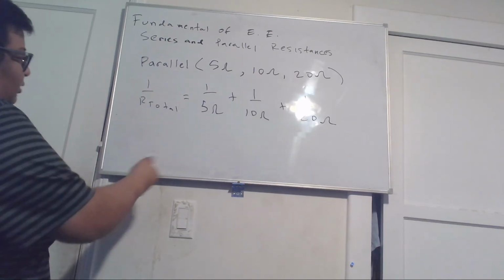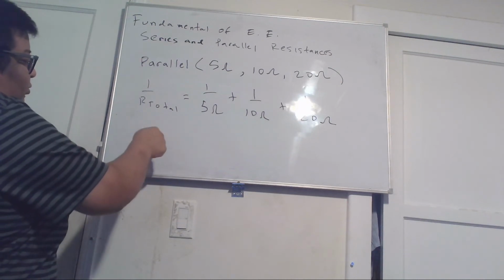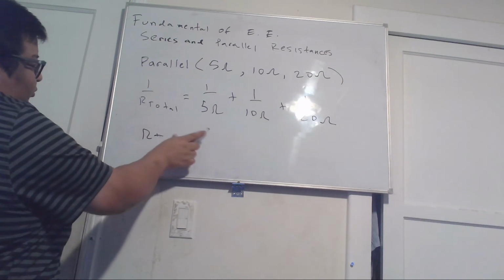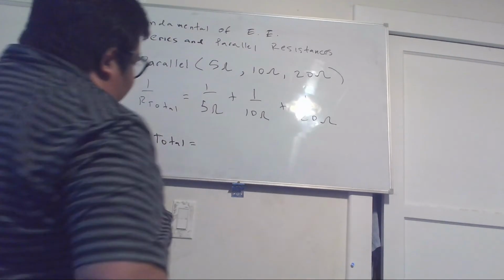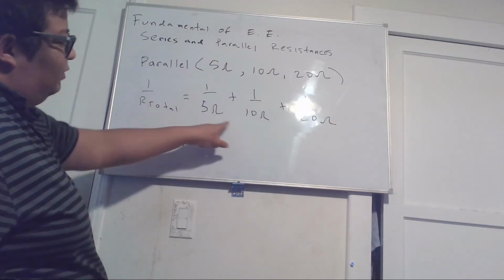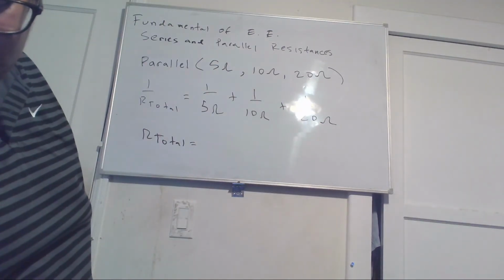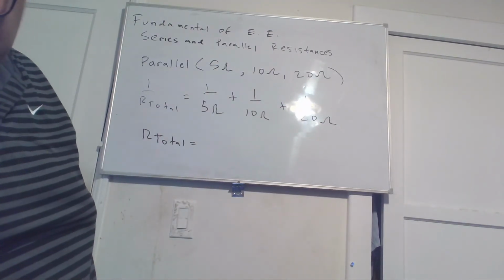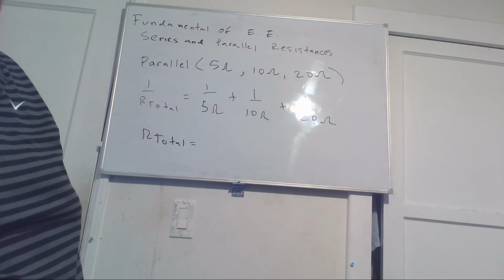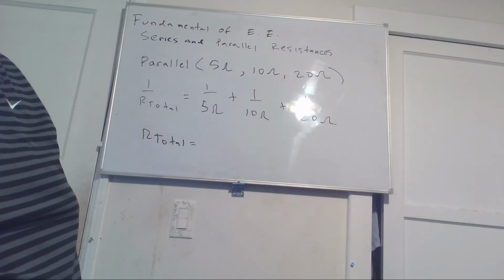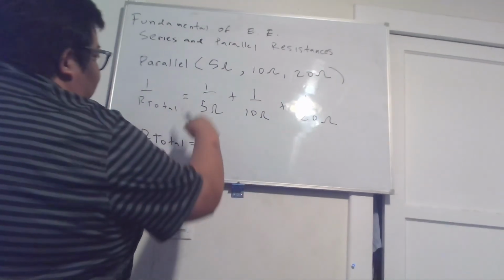Now, like I said, if you want to find the total resistance, you do the reciprocal. But in these cases, we have the value for each resistance. I would do this first, like I said. So let's do this one.